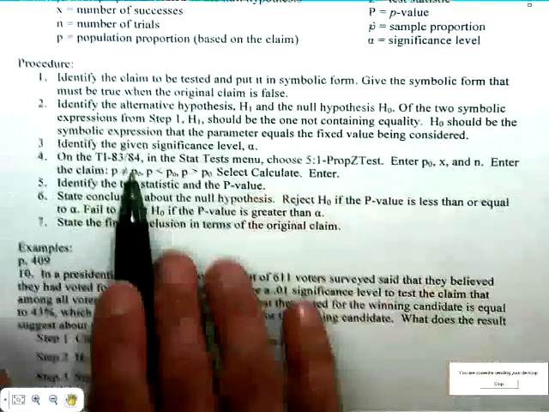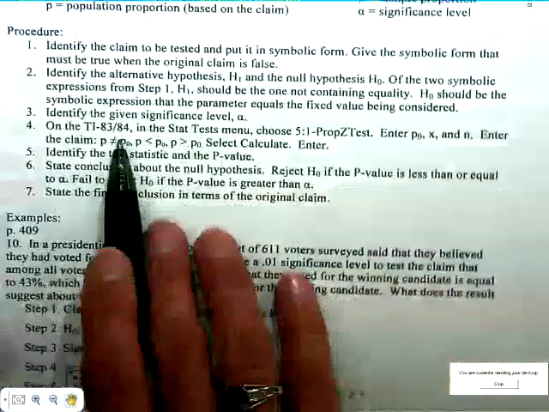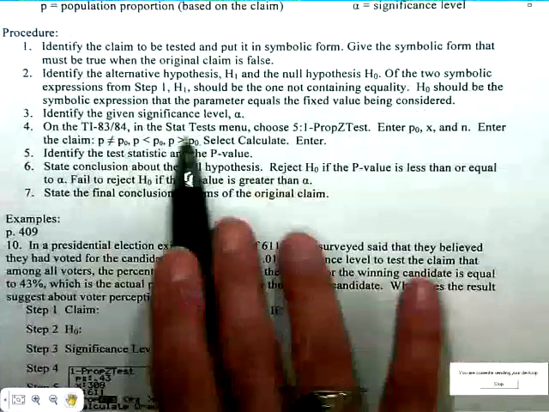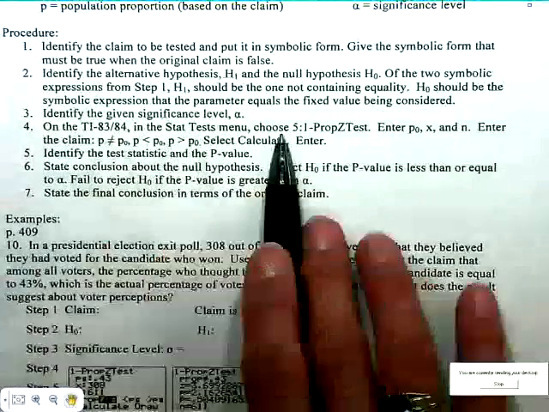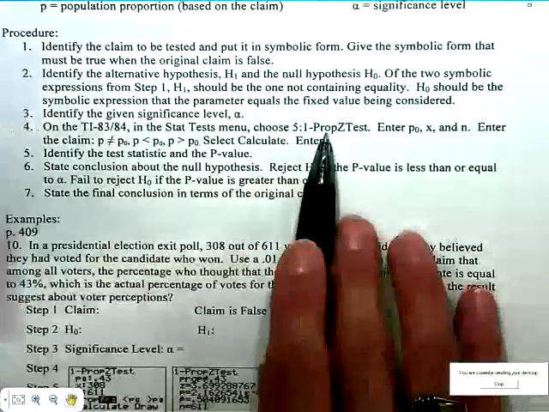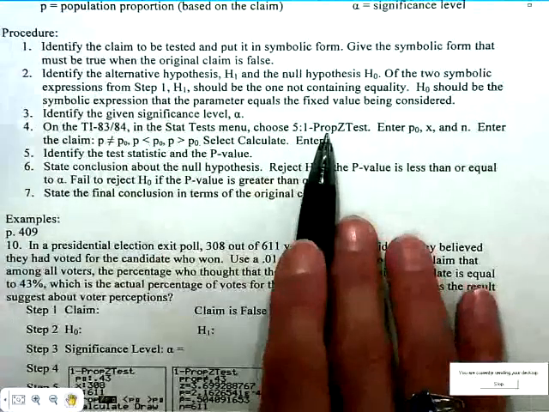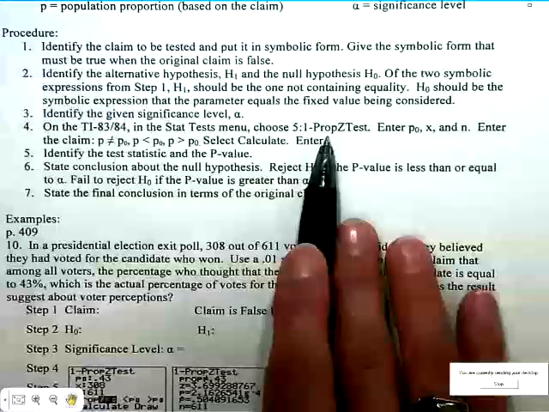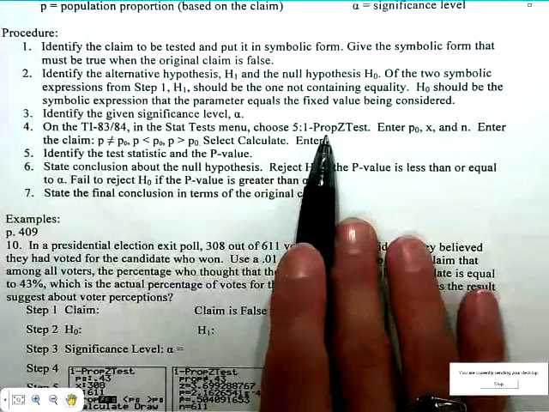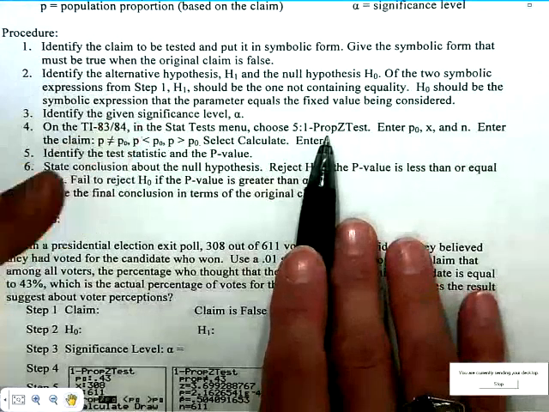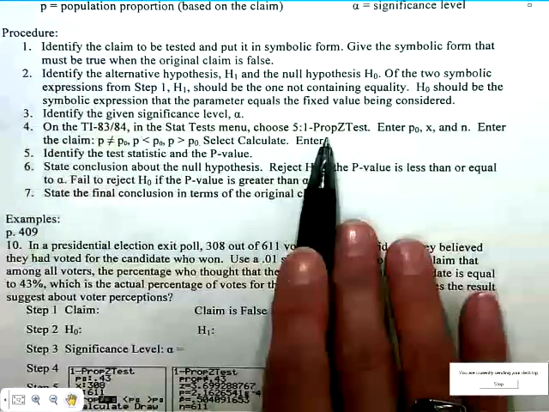On the TI 83 or 84, go to Stat, Test, and if you're making a claim about a population proportion, choose one prop z-test. Now, if the problem says find a confidence interval for the population proportion, what was that button?